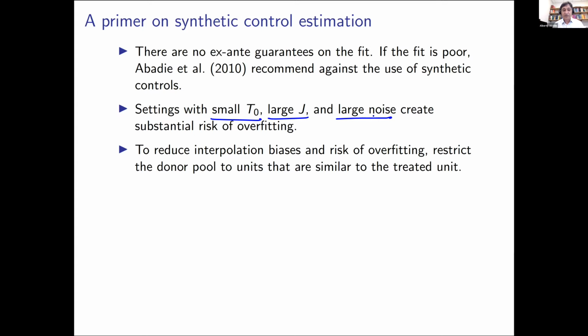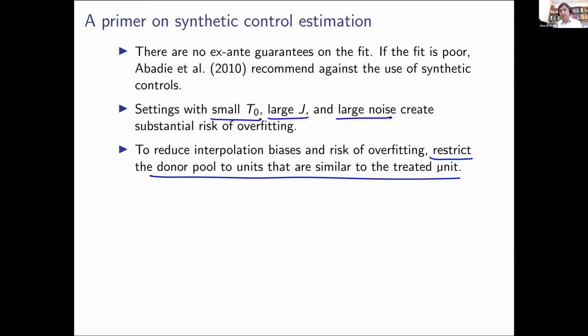So what are we going to do in this setting? One good piece of advice is to restrict the donor pool to units that are similar to the treated unit, as we did for the German reunification example, where we look only at countries in the OECD.